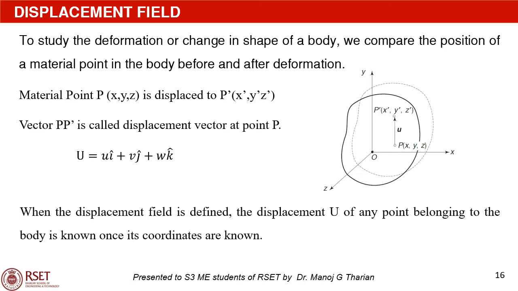Vector PP dash is called the displacement vector at point P. It is denoted by capital letter U. The vector U has components small u along the x direction, small v along the y direction, and small w along the z direction. When we say that the displacement field is completely defined throughout the body, it means the displacement U of any point belonging to the body is known once its coordinates are known.